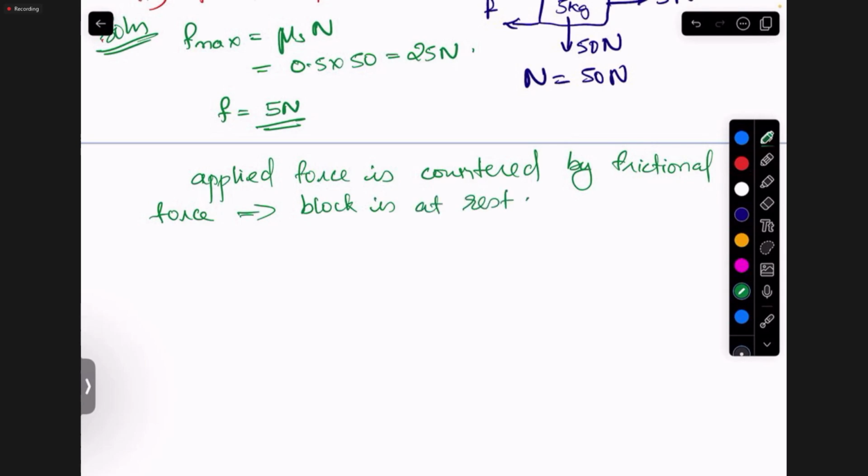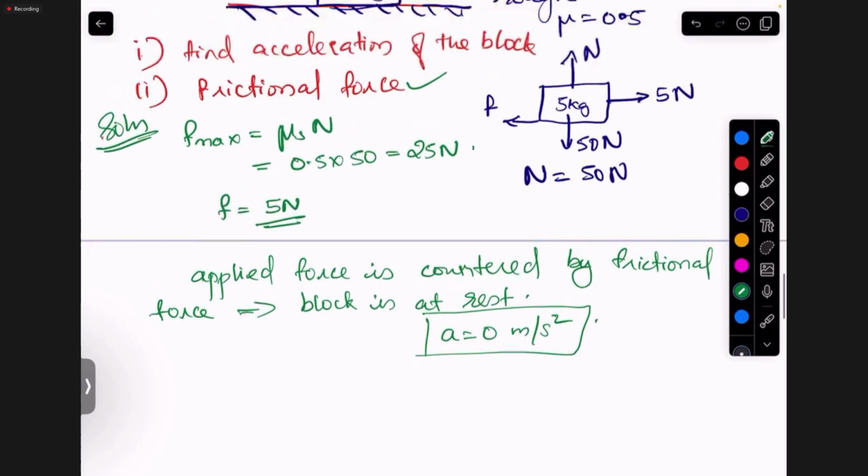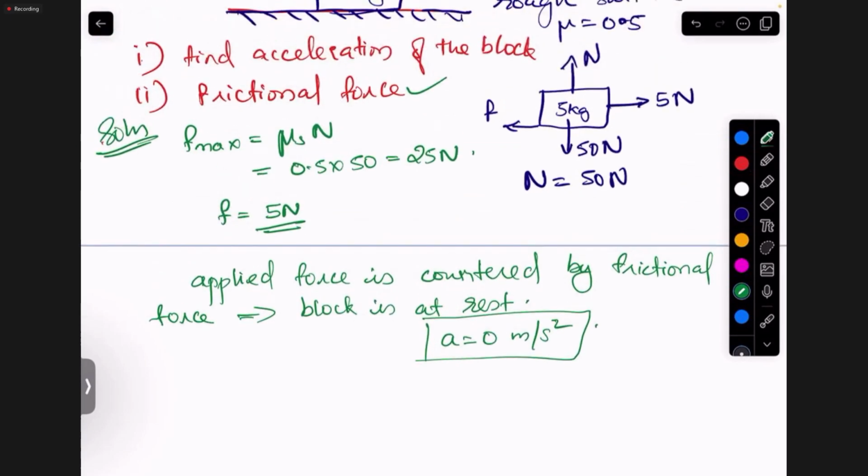So acceleration equals 0 meter per second square. That's it. There is no horizontal motion, and there is no vertical motion. This is the key concept of friction. You should understand how to calculate the limiting frictional force, and then how to calculate the acceleration using that frictional force.